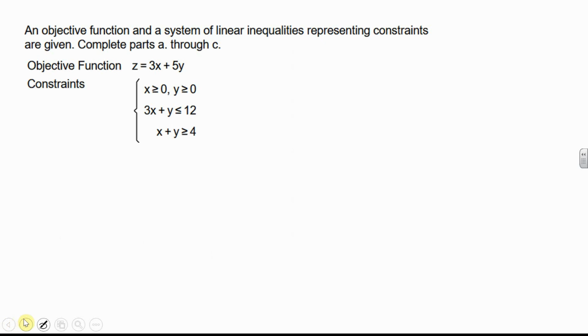I think the first one is like you graph it. So let's go ahead and just graph this guy. I didn't put my graph up there. That's fine. So this is x greater than or equal to 0.